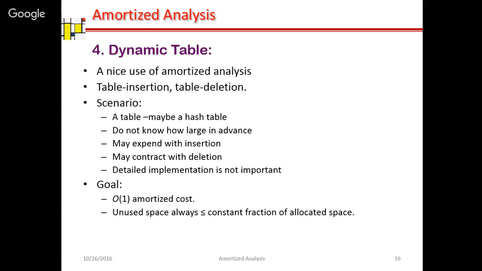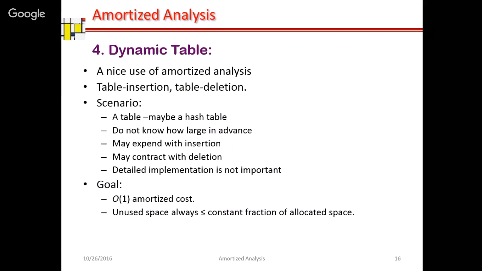Finally, the last amortized method is the dynamic table. It's a nice use of amortized analysis. You do table insertion and table deletion. The scenario in this dynamic table is that a table may be a hash table. We do not know how large the table will be in advance.